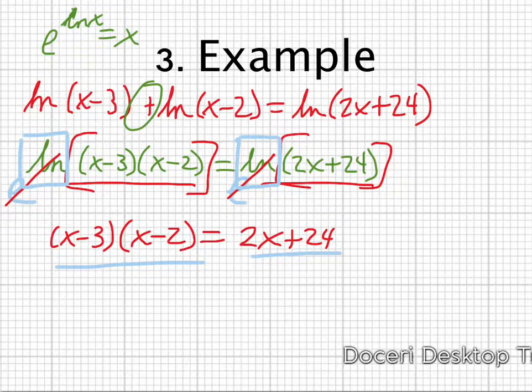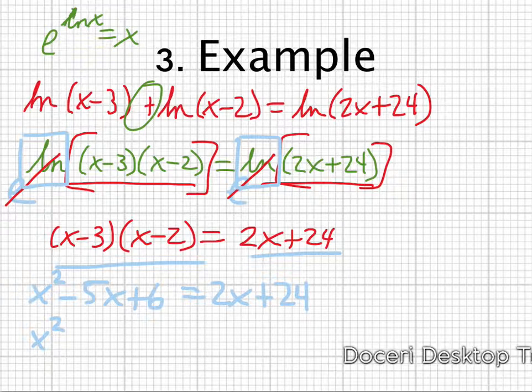So now that we've got a simpler equation, we can solve. I'm going to distribute and expand out x minus 3 and x minus 2. So this gives me x squared minus 5x plus 6 equal to 2x plus 24. Then I'm going to subtract 2x plus 24 from both sides.